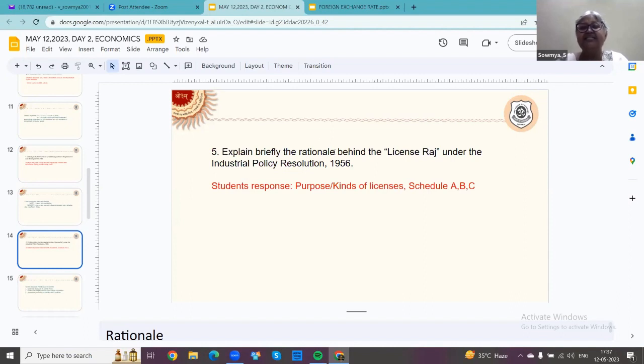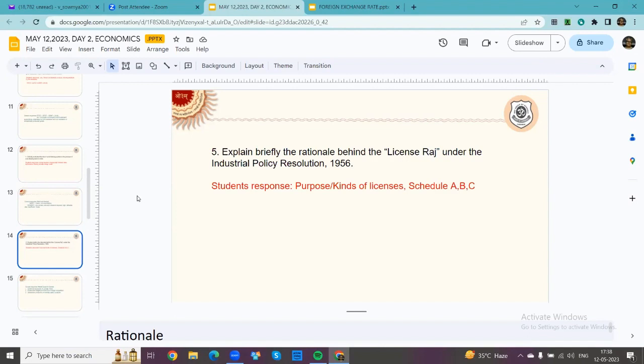Yes, that's what I thought. Maybe some children are not exposed to that vocabulary, so maybe they have gone wrong. Instead, if the question was explain briefly the need or the cause behind license Raj, then maybe they would have come out with a proper answer. What do you think? Am I right? Yes, ma'am. Maybe.